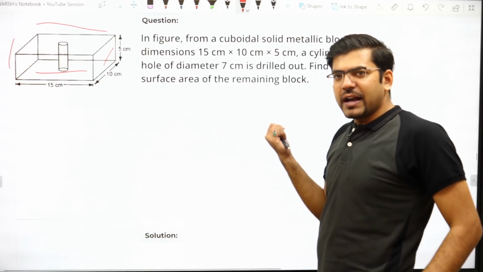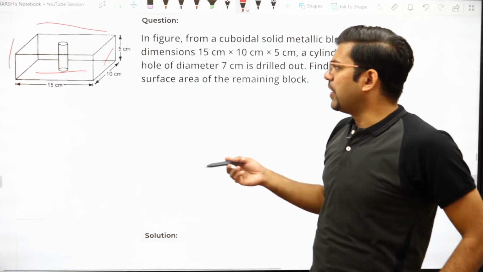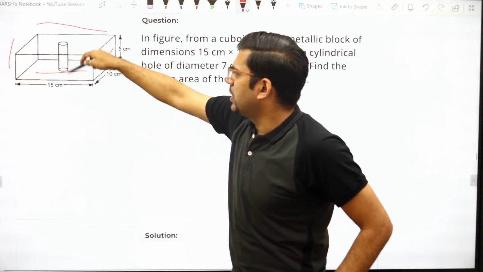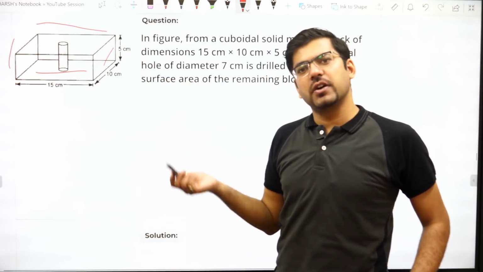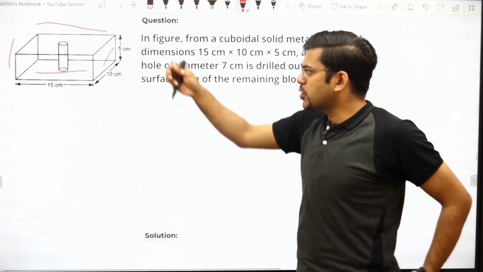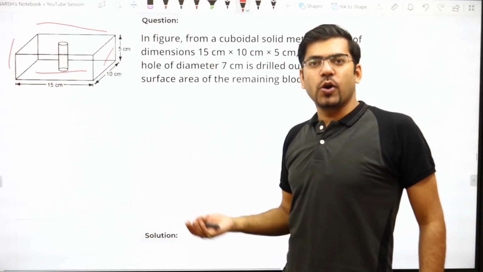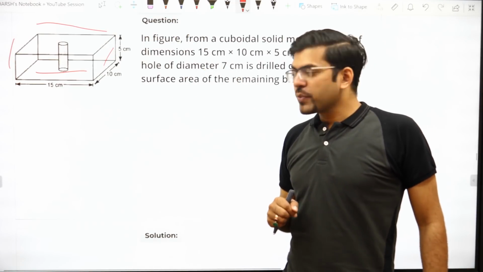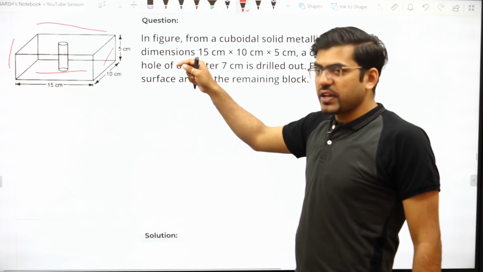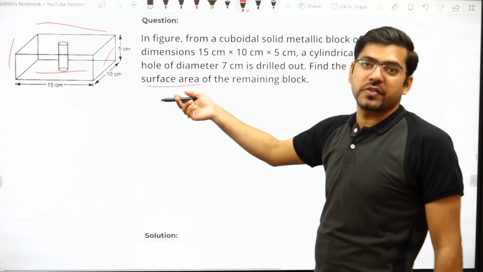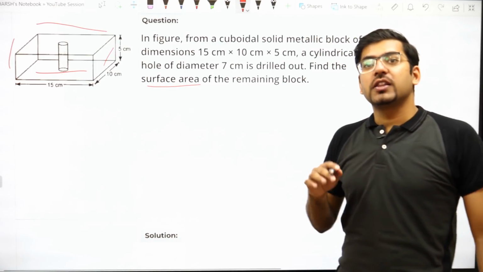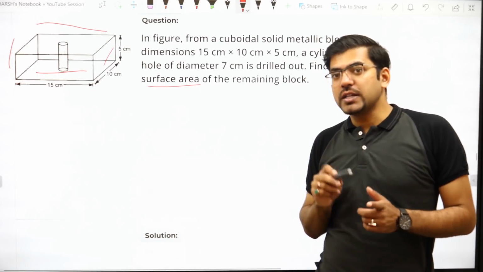So if I ask curved surface area, will this drilled-out hole make any difference? No, it won't. Curved surface area would be the same, because top and bottom are not included anyway. So if curved surface area has no effect, why would the question ask for it? Then surely the question is asking total surface area.